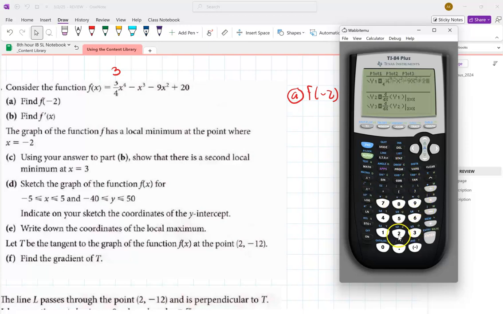If I want to evaluate the derivative at something, I just type in the original and do y2 of whatever the number is. If I need the second derivative, I just do y3 of whatever the number is. And it's all set to go. I just have to remember to update the original. So I love doing that. It makes life so simple. So we do that, I get 4.